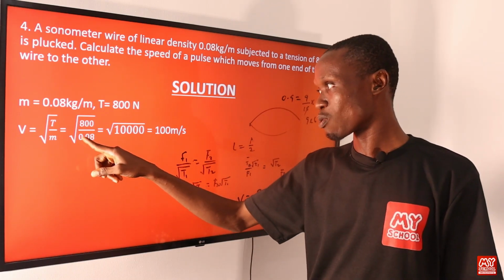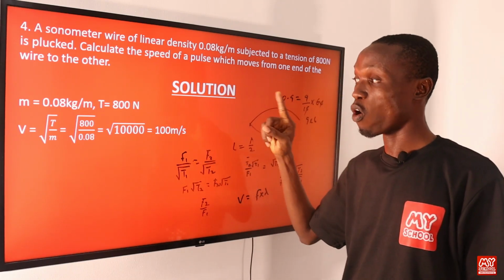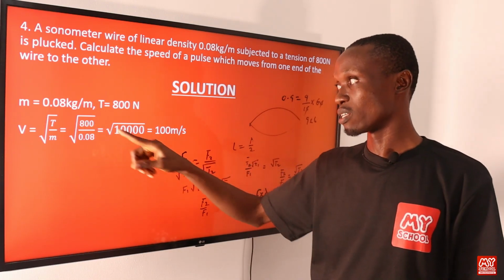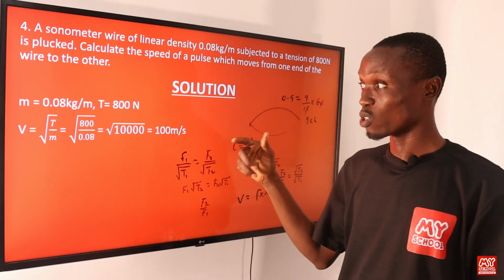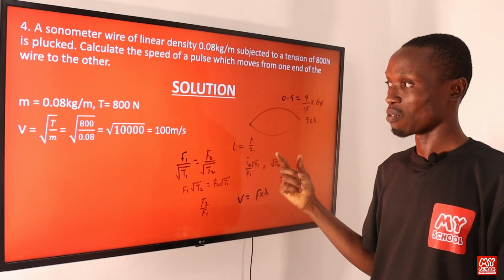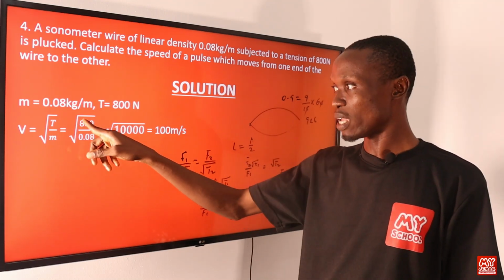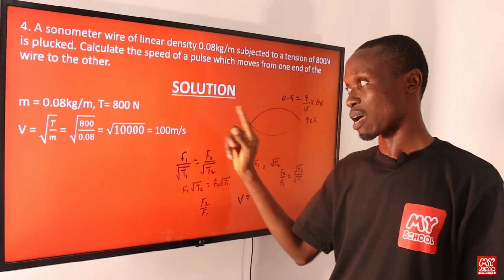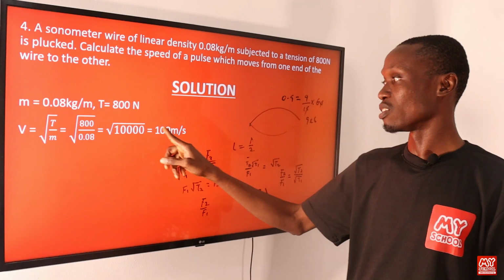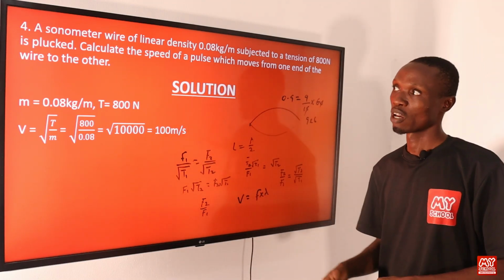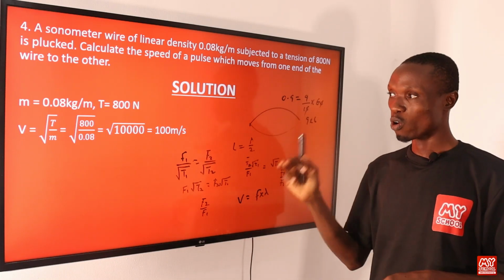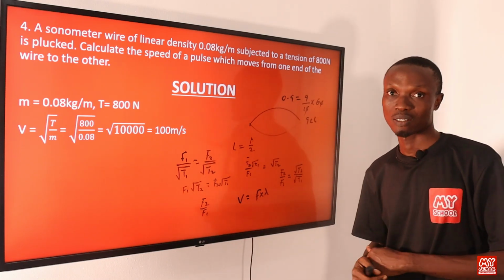So if we multiply 0.08 by 100, we'll be having 8. And if we multiply 800 by 100, then in that case, we'll be having 80,000, right? So 80,000 divided by 8, that will be 10,000. So that at the end of the day, we now have root 10,000. And root 10,000 is equals to 100, okay? So the speed of the pulse is equals to 100 meters per second.